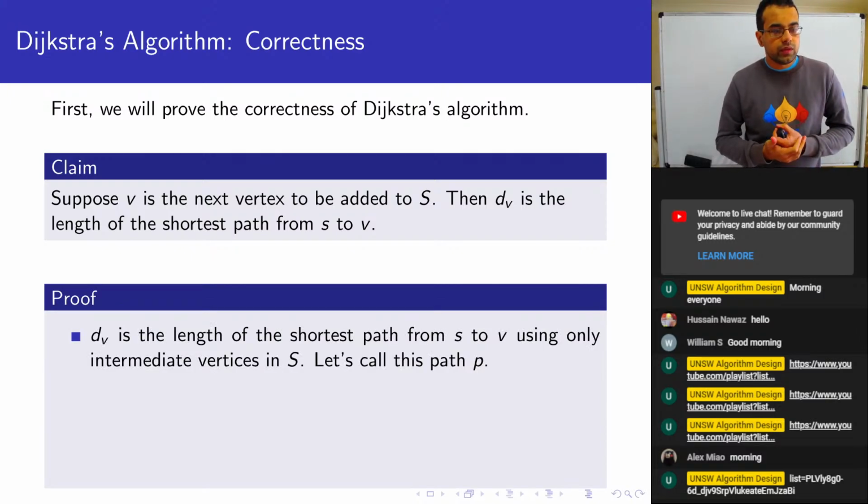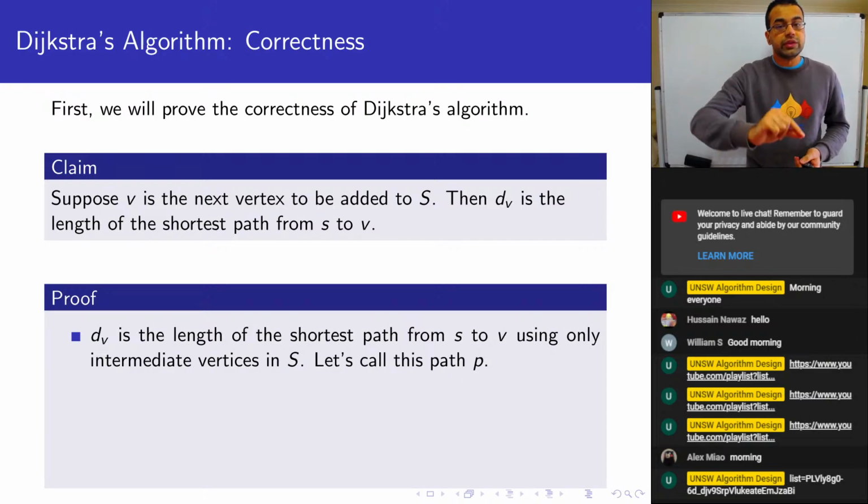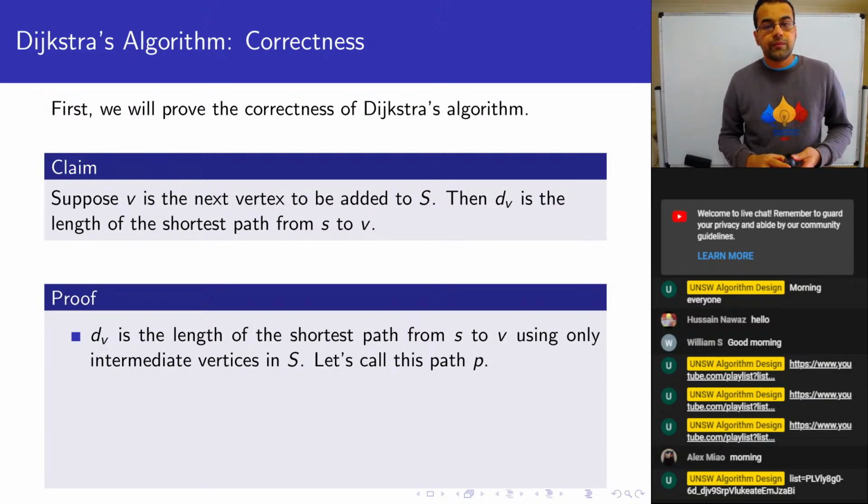So let's consider the proof. We define dv to be the length of the shortest path from S to V, where the only intermediate vertices allowed were those within the set S itself. So we were not allowed to consider paths that go outside of S on their way to V. Let's call such a path P, and we'd like to consider in what cases this might not be the shortest path overall.